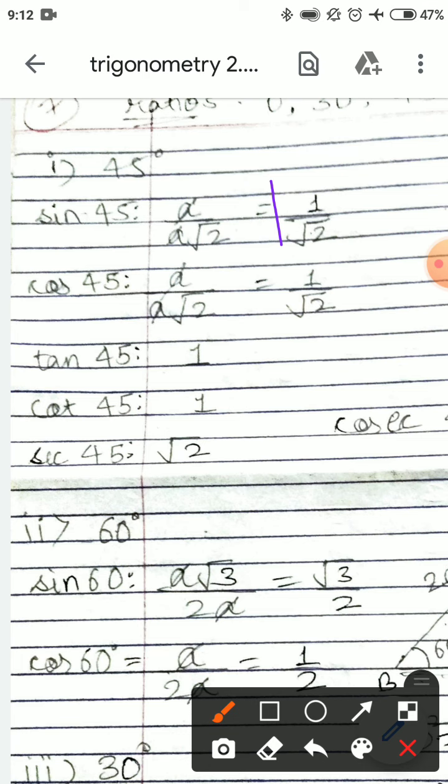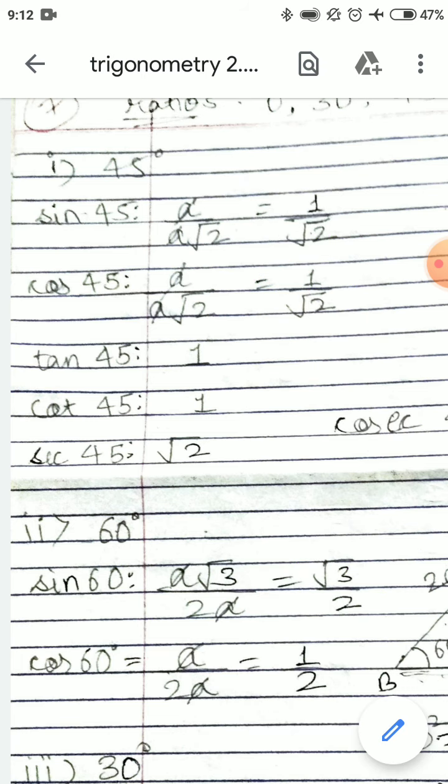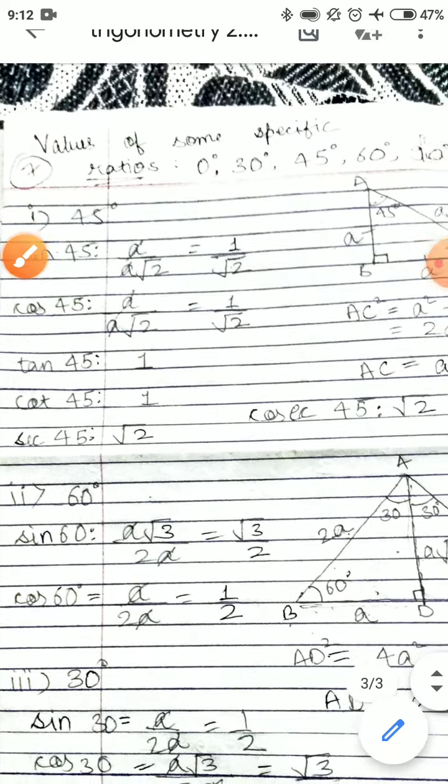The value of cos 45 is 1 by root 2. So 1 upon 1 by root 2 can be written as root 2. So the value of sec 45 is root 2, and in the same way the value of cosec 45 is also root 2.